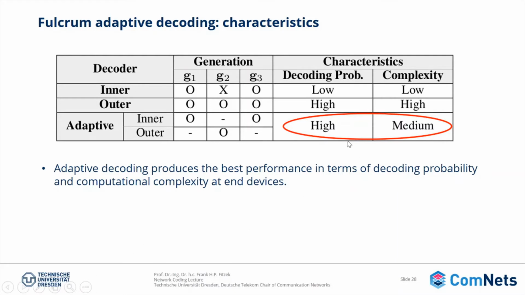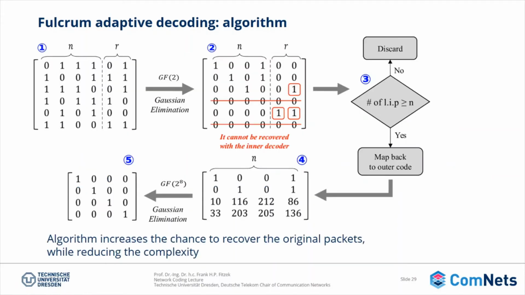So it means that we can maintain the high decoding probability of high field size and reduce the complexity with low field size, exactly the binary field size. The adaptive algorithm not only addresses the chance of loss in the channel, but can also deal with the linearly dependent problem. This algorithm solves that feature.